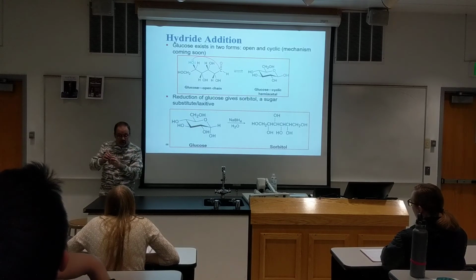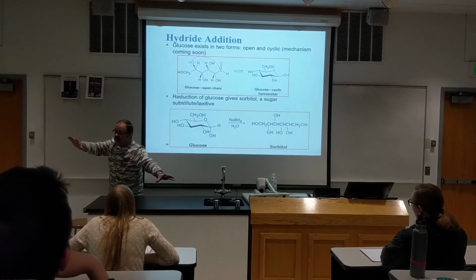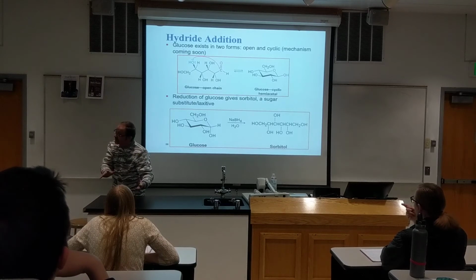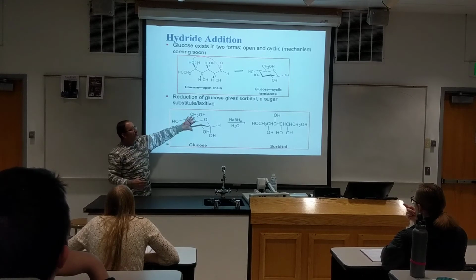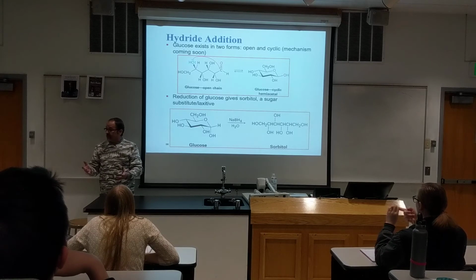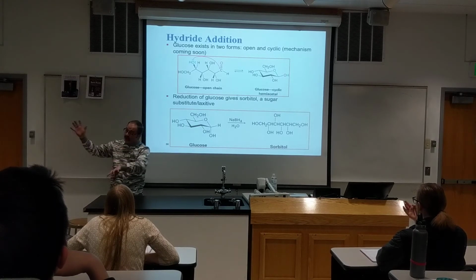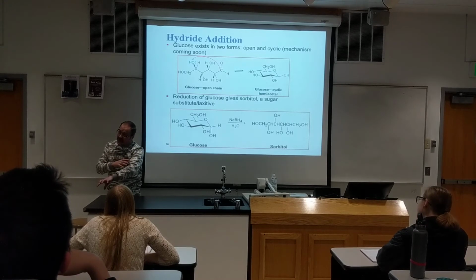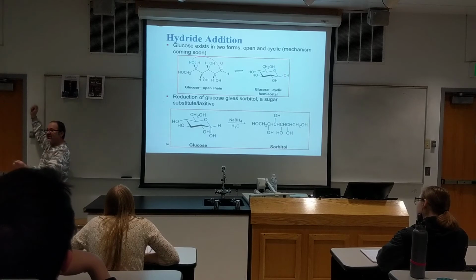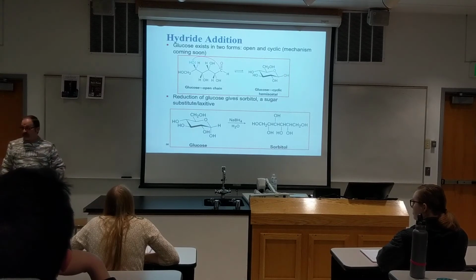So how things reach out into space is how they bind into specific receptors. And so the configuration here is very important in terms of your body being able to eat it. And so yes, it's free to move, but around these carbons, the carbons move, but that spatial arrangement of wedge and dash never changes. But even on the open chain, yeah.